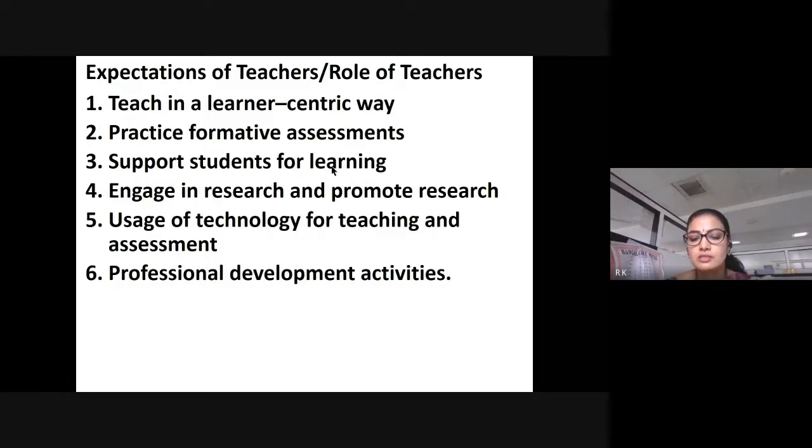So in this slide, I have discussed 6 prime expectations of NEP 2020 from the teachers who are teaching across the country. The faculty's roles in these expectations are to teach in a learner-centric way and practice formative assessment, supporting the students' learning and understanding, and engaging in research and promoting research.